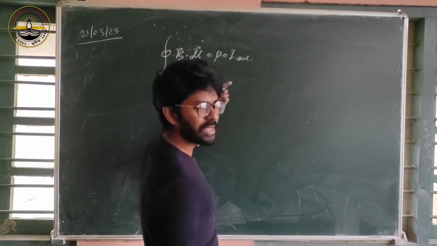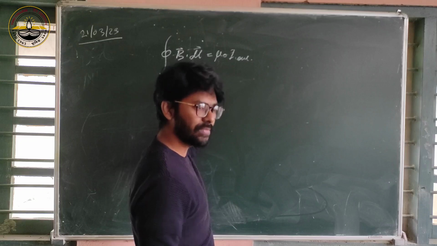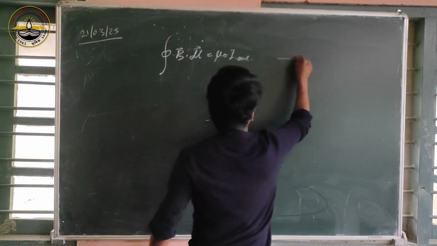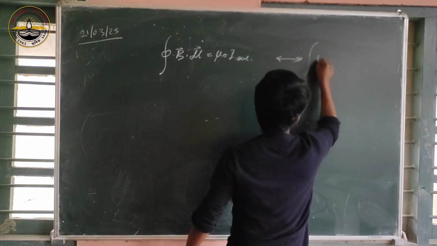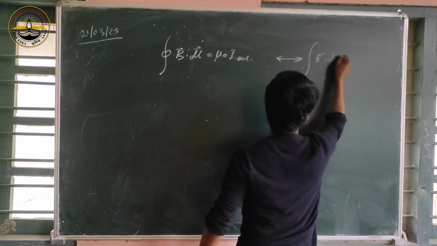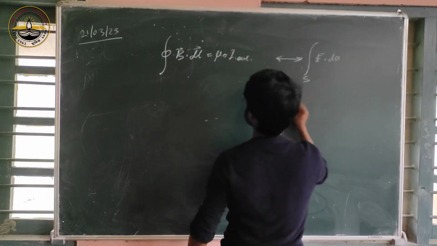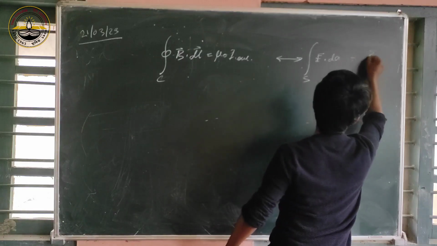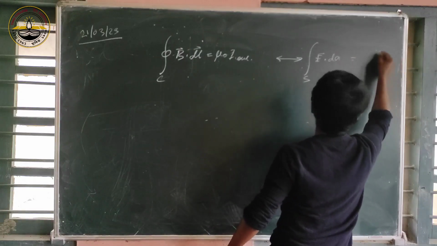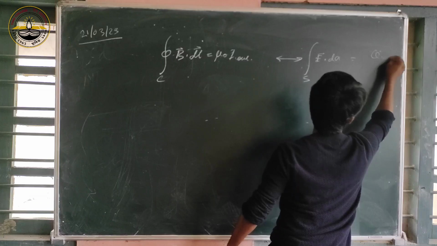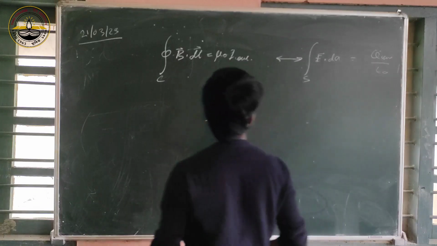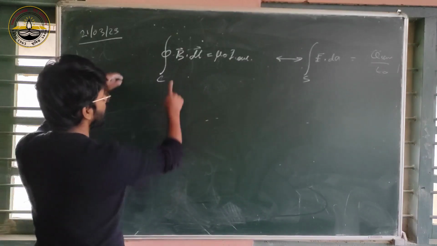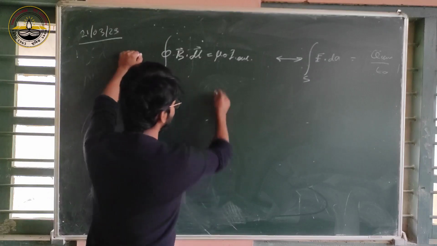It is the analogous equivalent of Gauss law. It is like the E dot dA, which is your surface integral; this is the loop integral, equal to the total charge Q enclosed by epsilon naught. Once again, you need a symmetric situation.